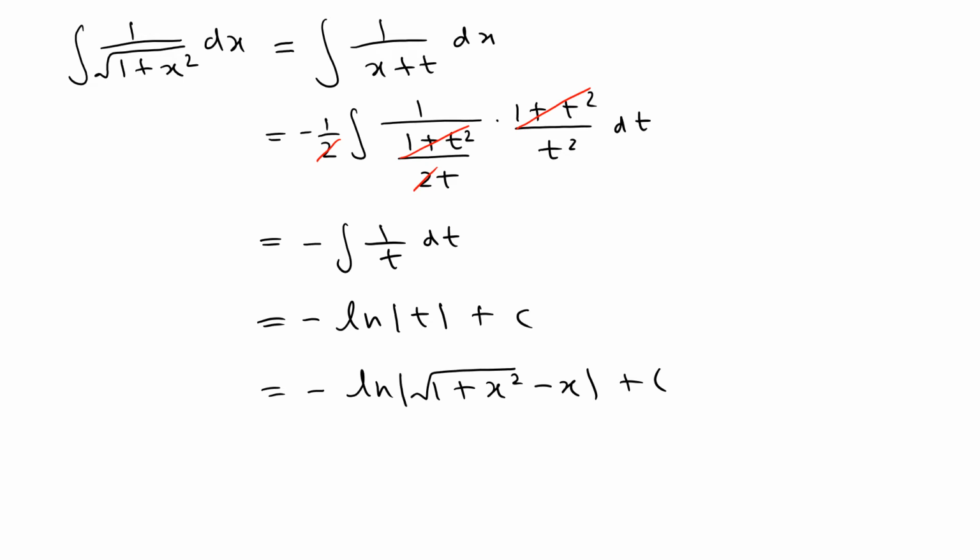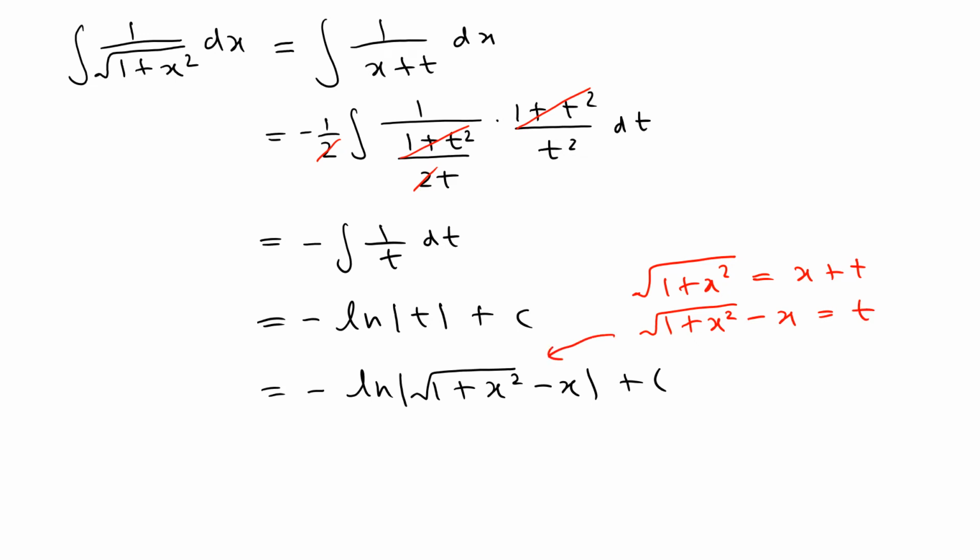This is the substitution for t, because we know that the square root of 1 plus x squared was equal to x plus t. So according to this, t is the square root of 1 plus x squared minus x. So that's where it's coming from.